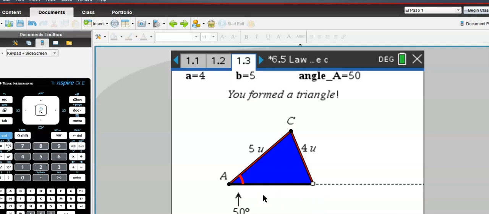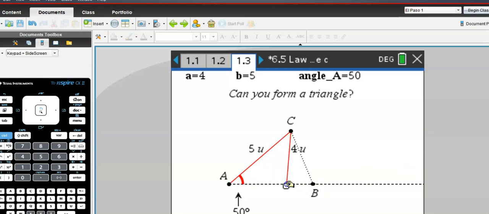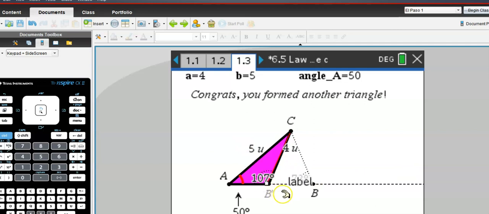But this is one of those weird cases where the angle right here looks acute. But if I did it over here, that same angle B is now 107. Because the sine of 73 and the sine of 107 are exactly the same, I don't know which triangle is the answer, and I'm using sines to solve a problem.